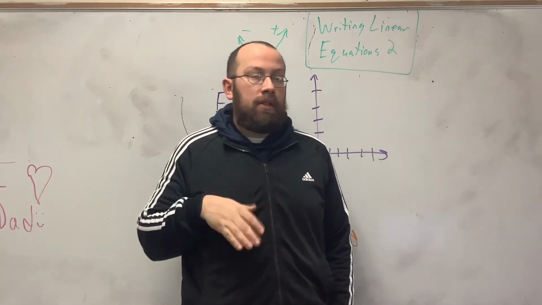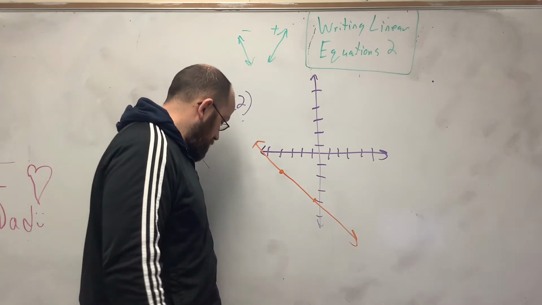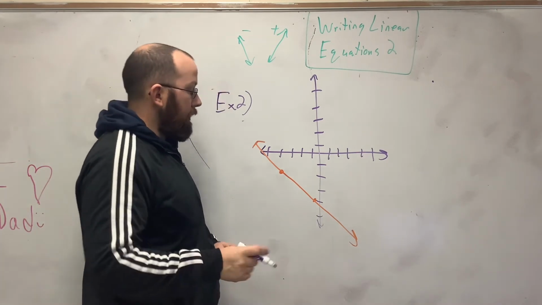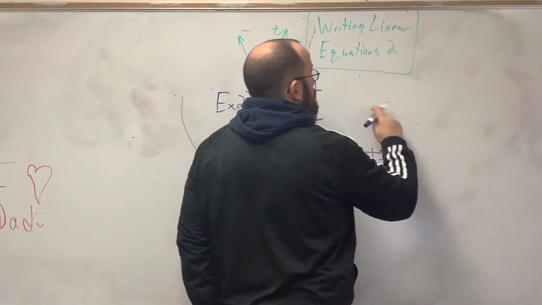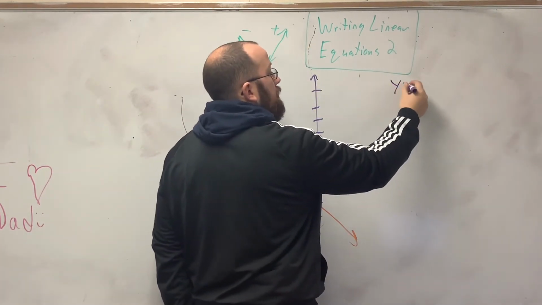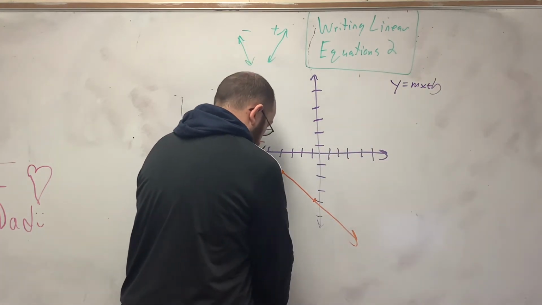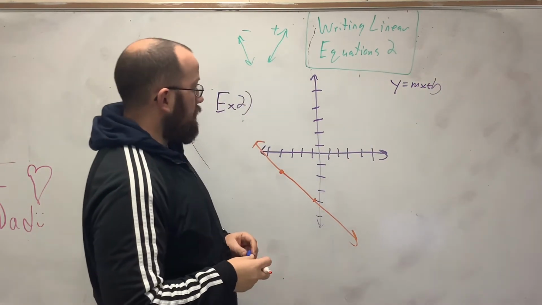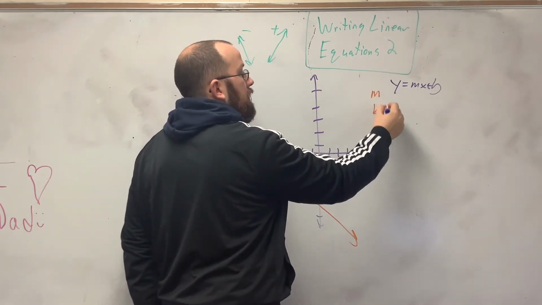All right, this one's going to be a little more difficult because we don't know exactly where it goes through. But fear not, we can figure this out. I'm going to do my slope-intercept form first, using orange because I like the color combination. I need my slope and my y-intercept.